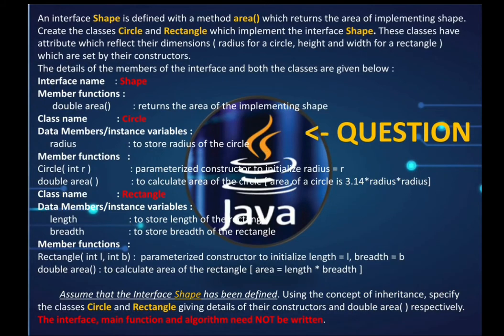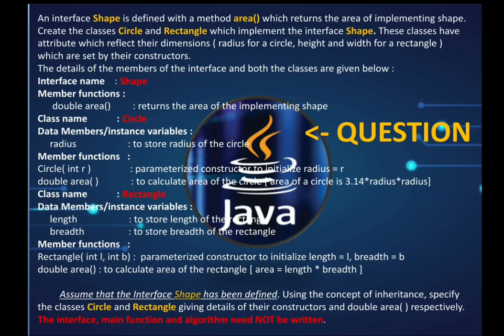This is a question for you all of 5 marks. Means section C, first question of section C is inheritance, and we can have a question of interface also in inheritance. That's why I'm providing you this video so that you are able to understand this sort of concept is also there.